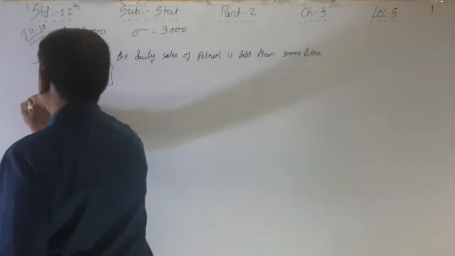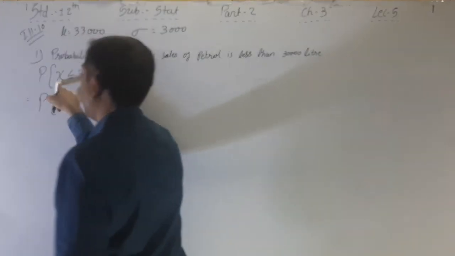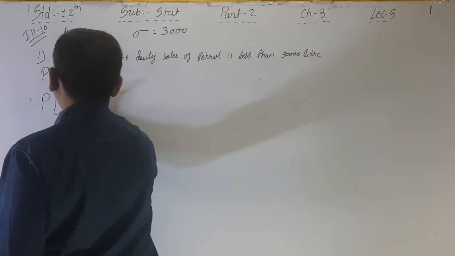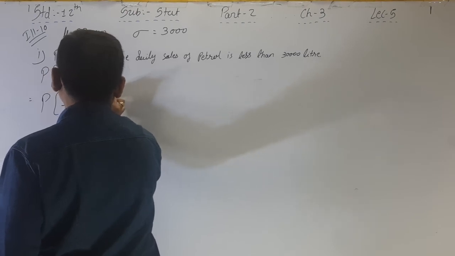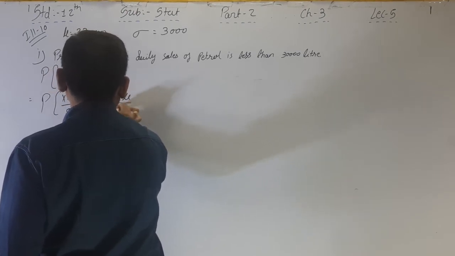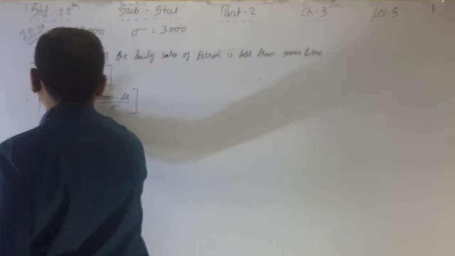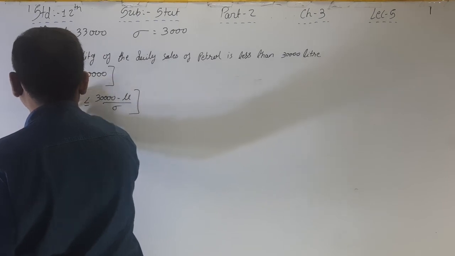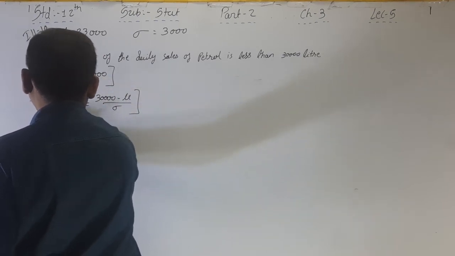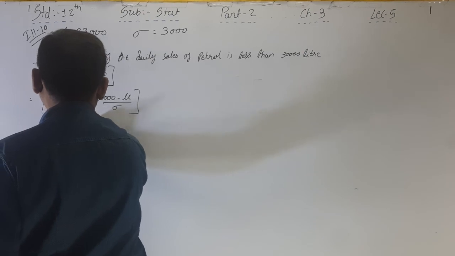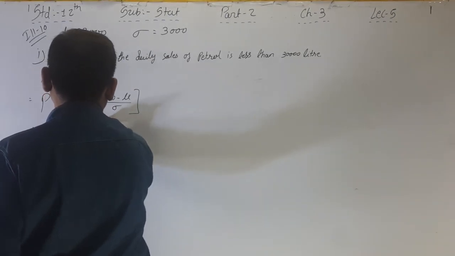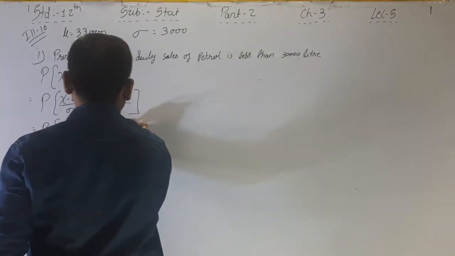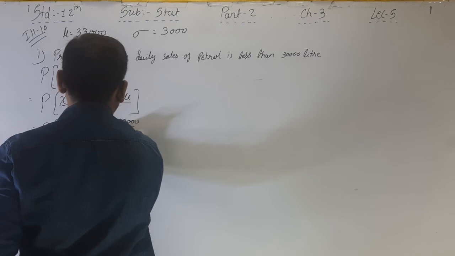So first of all I am converting this normal variable into the standard normal variable. P of (X minus mu) upon sigma less than or equal to (30,000 minus mu) upon sigma is equal to P of Z less than or equal to (30,000 minus 33,000) upon 3,000, where mu is 33,000 and sigma is 3,000.